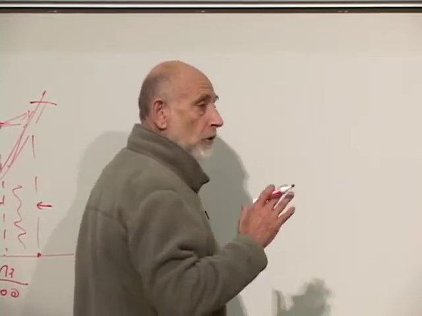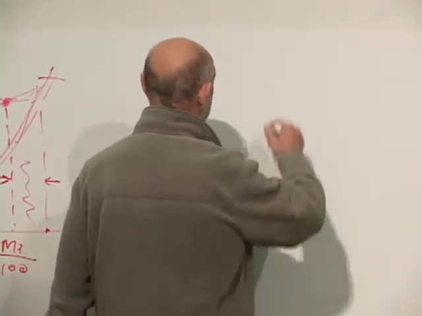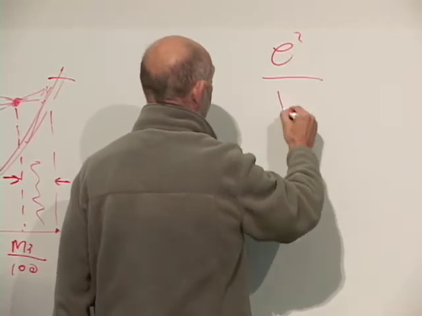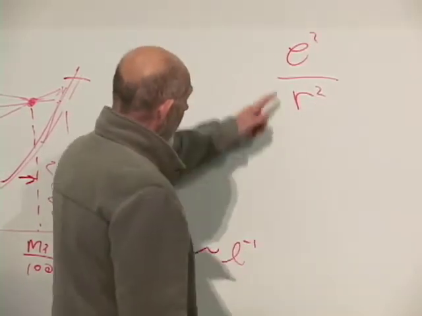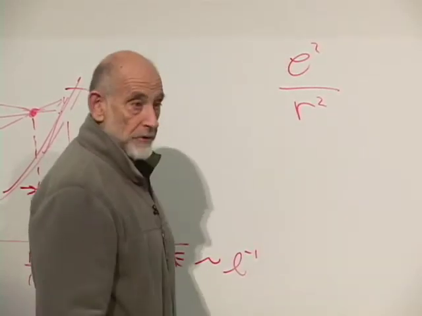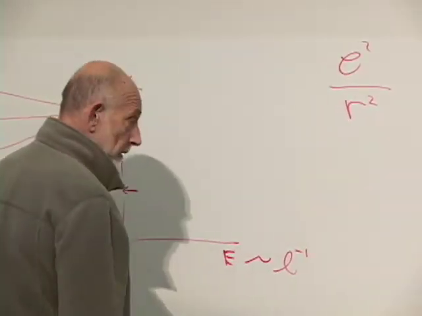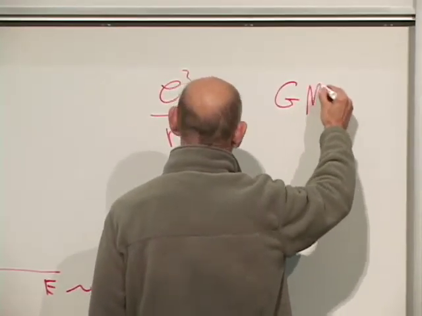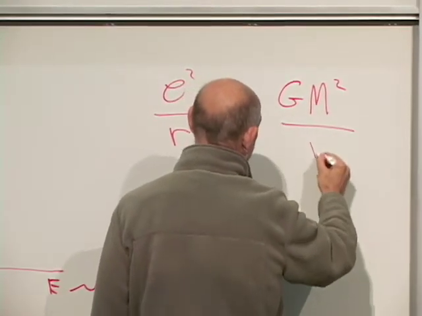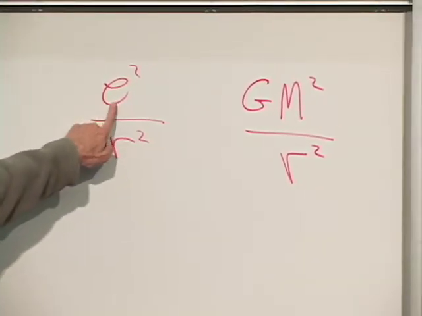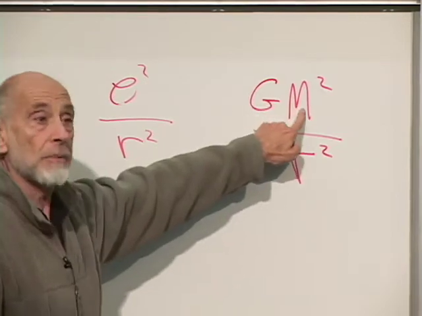Let's look at the force law between two objects. In electromagnetism, it's E squared divided by r squared, and that's the force, and that's the electromagnetic coupling constant here. In gravitation, it's G m squared over r squared. So the thing which is analogous to E squared is G times m squared.